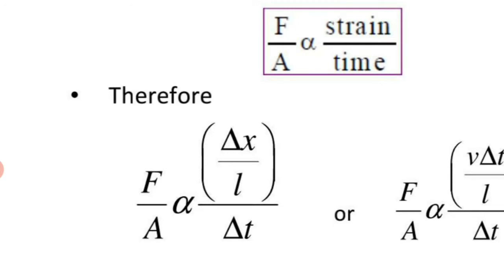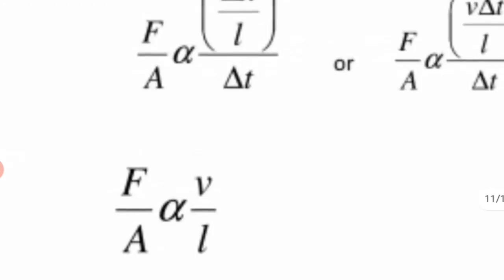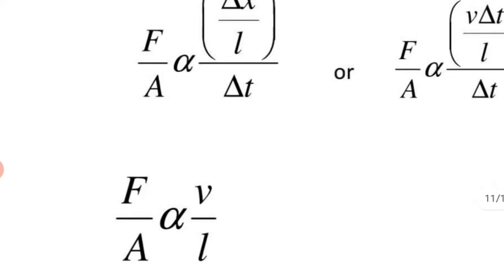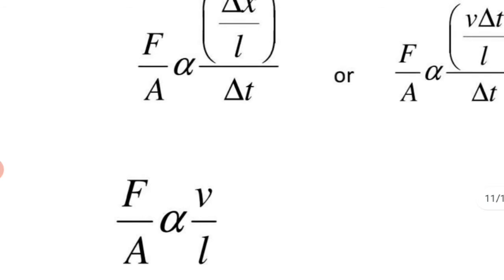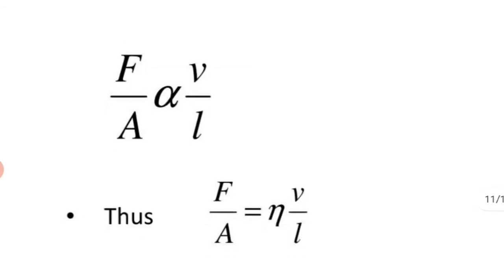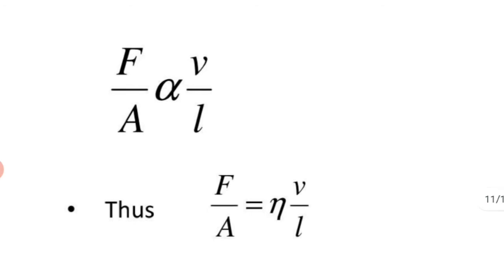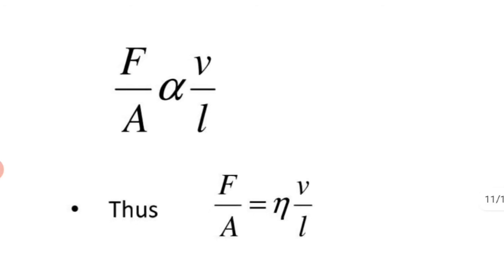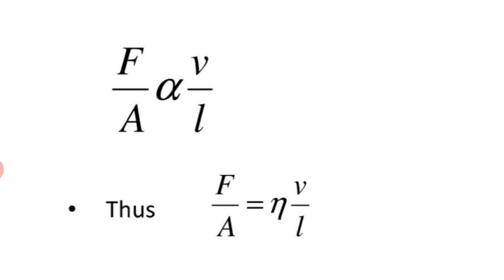So delta T will get cancelled, and we have our expression F by A is proportional to V by L, or F by A equal to a constant of proportionality eta into V by L. Here the constant of proportionality eta is called the coefficient of viscosity.